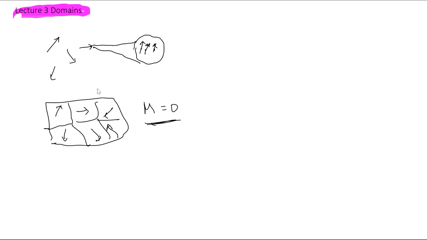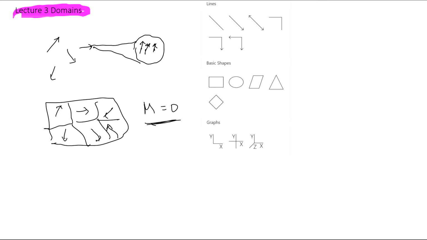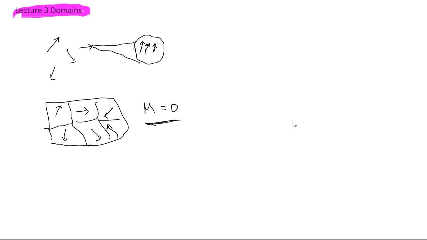So now, excuse me, let's talk about domains. If we look into the hysteresis curve, this is the magnetization axis, this is the magnetic field. Let's take a ferromagnet with a remaining magnetization.